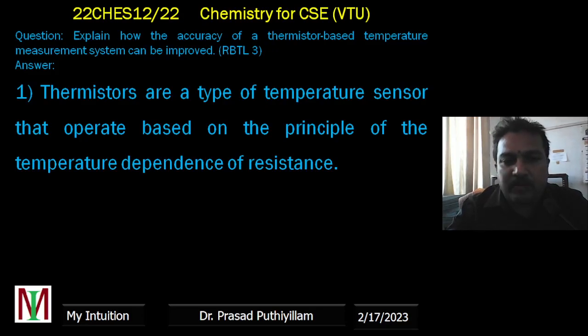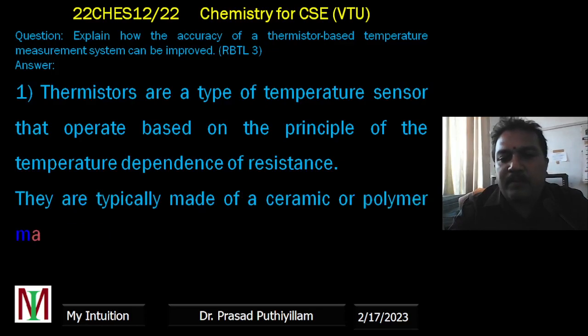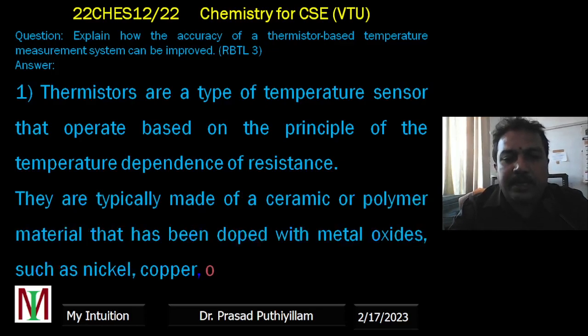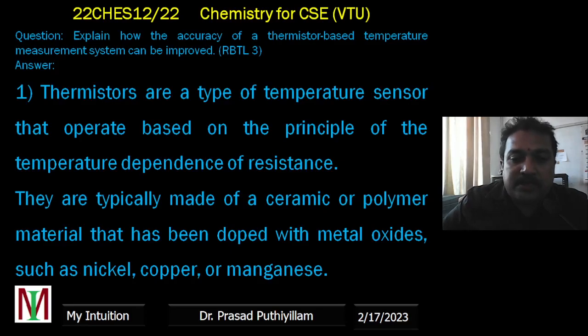Thermistor was not explained in the previous question, therefore here I am giving its explanation. They are typically made up of a ceramic or polymer material that has been doped with metal oxides such as nickel, copper or manganese. Oxides of nickel, copper and manganese are added to the ceramic or polymeric material as a dopant.